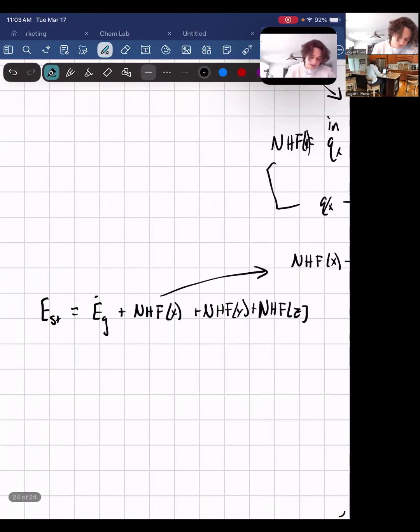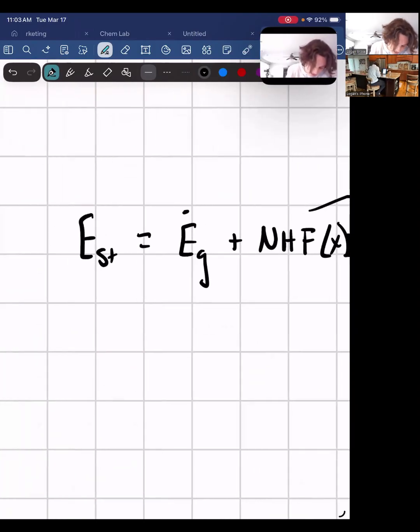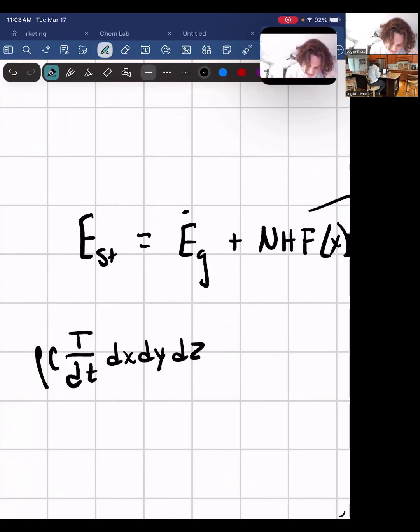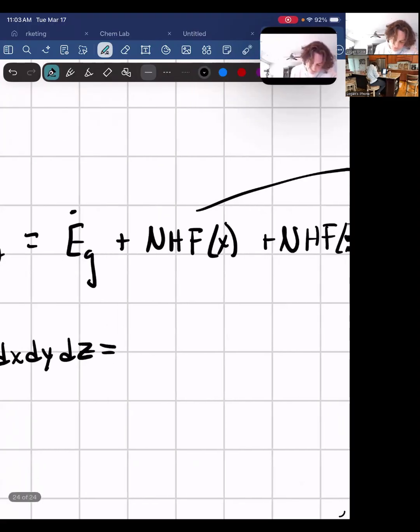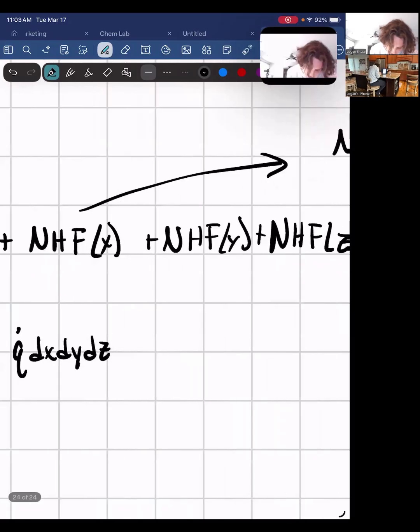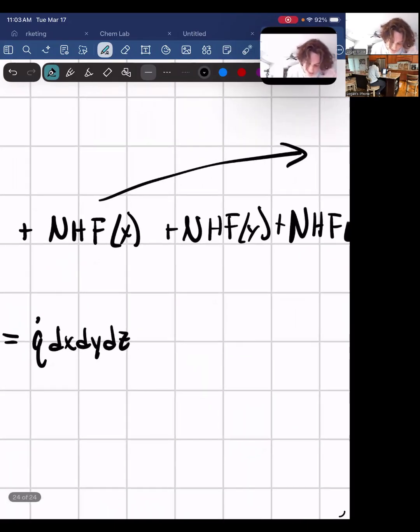So when we look at this, we can plug in our equation for energy storage, right? So rho c dT/dt dx dy dz equals our energy generation, which from before was just q dx dy dz. And then we can plug in all three of these, right?